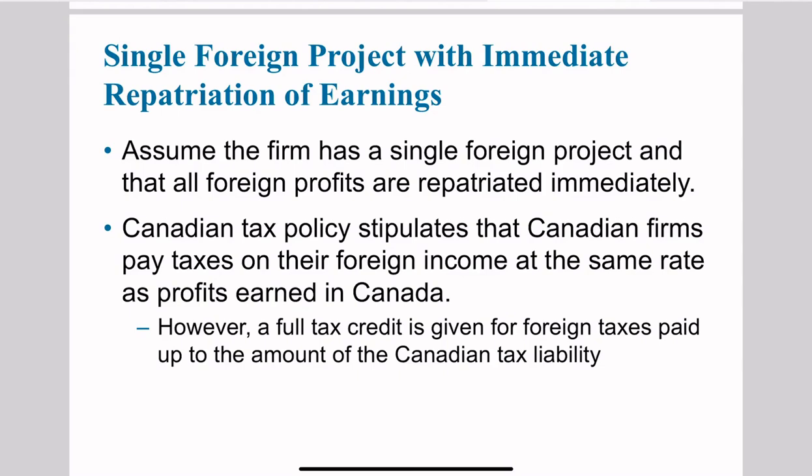And then a tax credit will be given for foreign taxes paid up to the amount of the Canadian tax liability. So the key word here is up to. You will see very simple examples to help you to understand this wording here. What does up to exactly mean here?